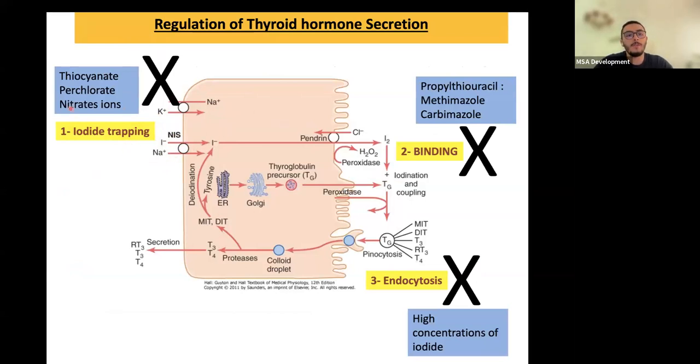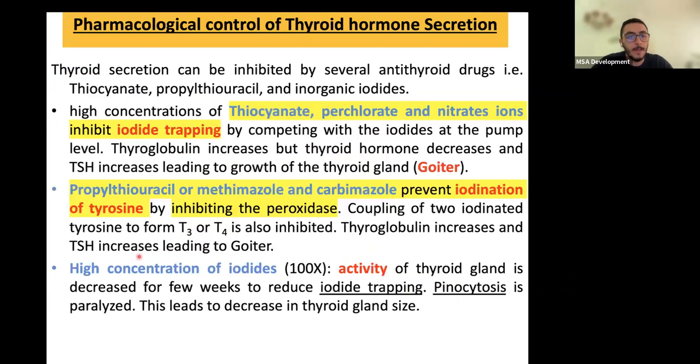So if we have increased levels of thiocyanate for any reason, or perchlorate or nitrate ions, they will compete with iodide for that co-transporter, and they will take its place basically, and less iodide will be endocytosed inside.